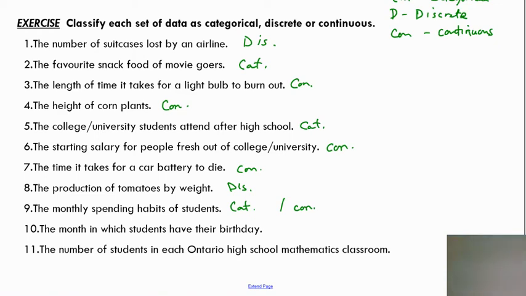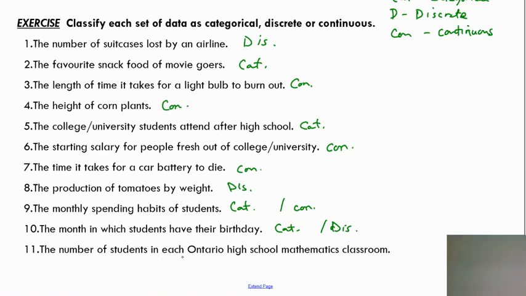What about the month in which students have their birthday? Again, these tend to be categories because they're months, not really values. And you could make an argument that it's discrete, so we'll say both, depending on the context of the survey.